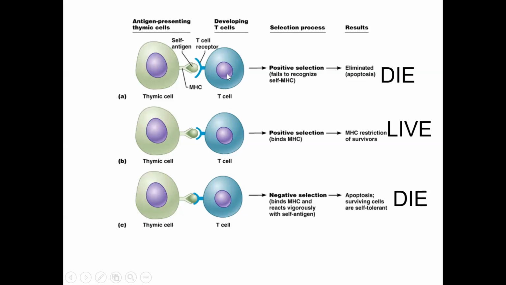Number one, this T cell has to be able to recognize your own body antigens. Once it can recognize them, then you go to the next step. If this T cell cannot recognize your own cell surface antigens, then you get rid of it.